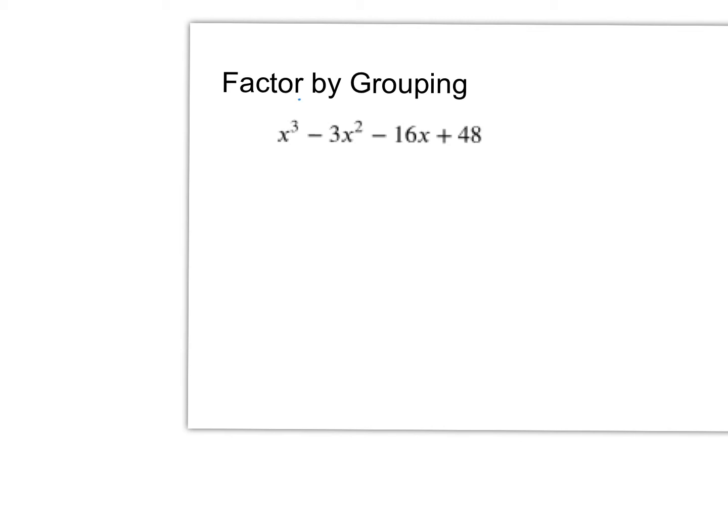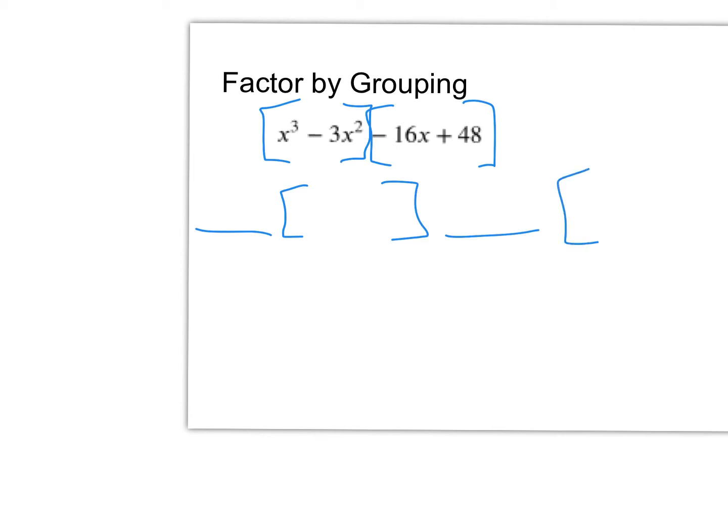All right, so now at this point, let's group up the first and second piece, third and fourth piece. So we're going to line, bracket, line, bracket. First thing we do, we're going to take the GCF out of this first grouping, and it's just x squared. So you have x minus 3. Now be very careful.